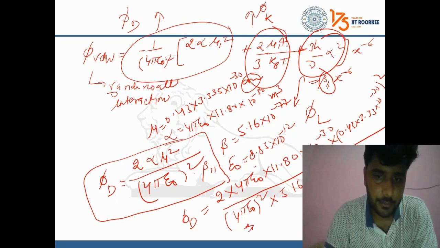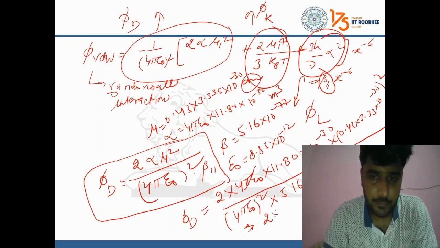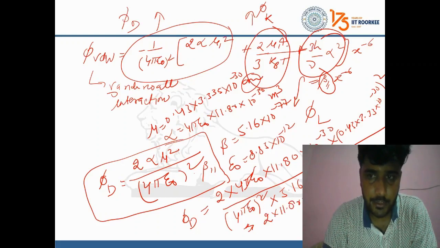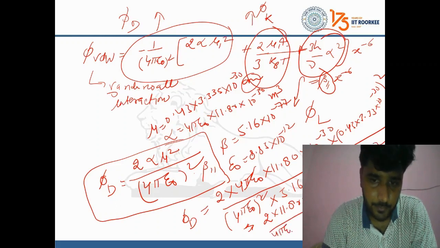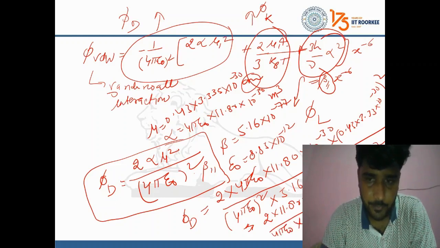Okay, so these terms will cancel out, so the resultant will be 11.80 10 raised to minus 30 and 10 raised to minus 60 and 0.43 3.3 square, that is divided by 4 pi epsilon naught, 5.16 10 raised to minus 77.